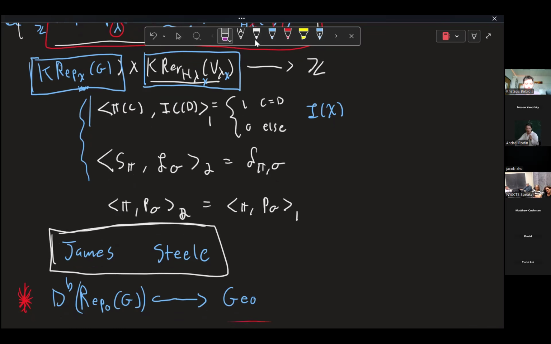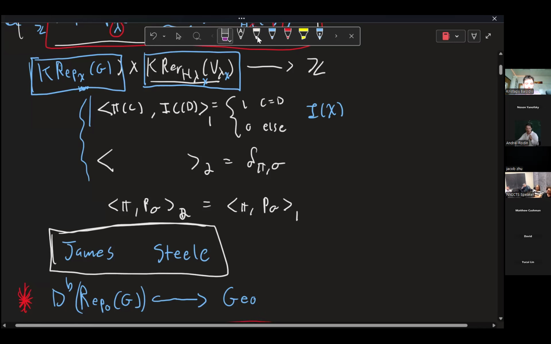Pairing number 2 is pairing the local systems. This is part of the more complicated story beyond GL_n that I was sweeping under the rug: we have these non-trivial local systems, more than just the constant sheaf now. So there's a little bit more data to consider.